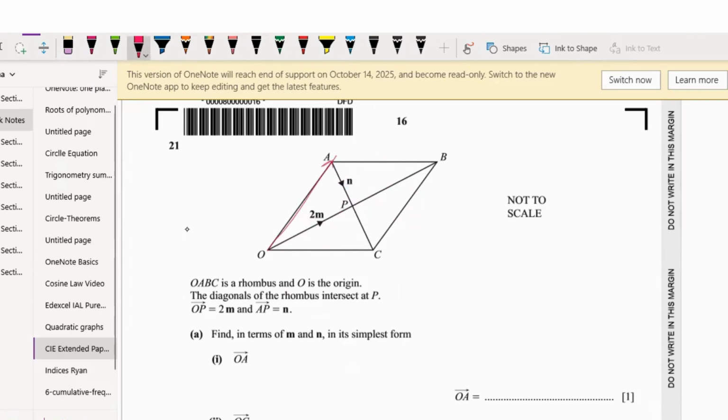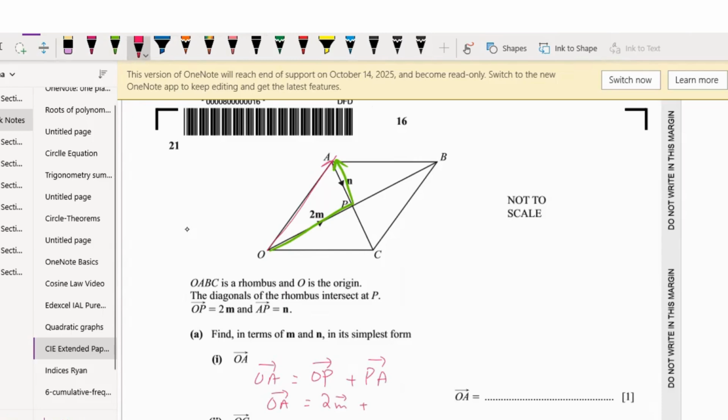To go from O to A, we can simply follow the path from O to P and then P to A, okay? Let me write it here. If you wanna go from O to A, you can go O to P plus P to A, okay? So we know that OP is 2m vector plus PA.